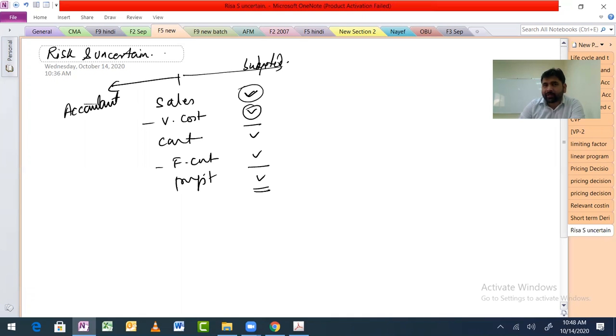So now when we are talking about risk and uncertainty, we'll be talking about how we can bring the uncertainty into our calculation. Even if I'm not 100% certain, still how can I do some presentation and some budgeted calculation?